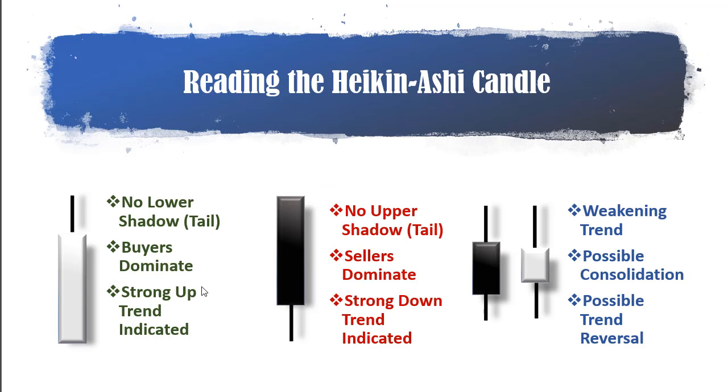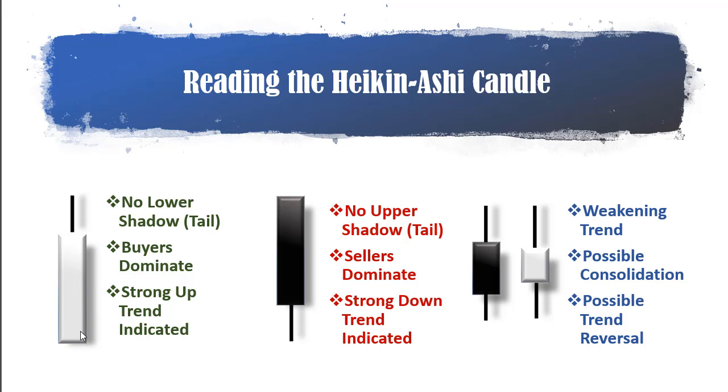Okay? So, how do you read a Heikin Ashi candle? They're actually very, very simple, really less complicated than a standard candlestick. If you look at a Heikin Ashi candle, you'll often see no lower tail.